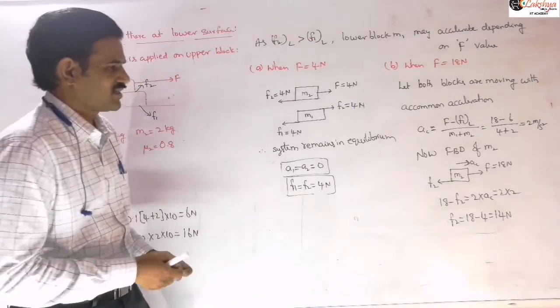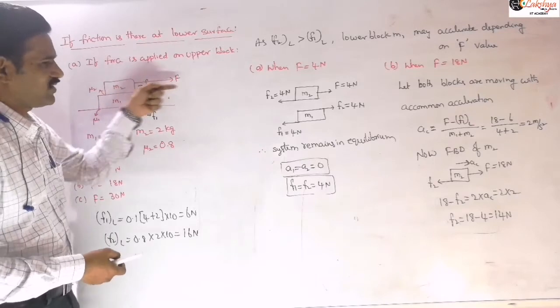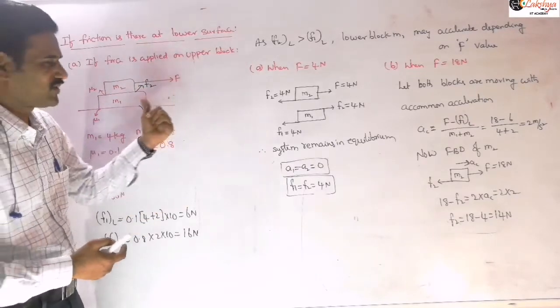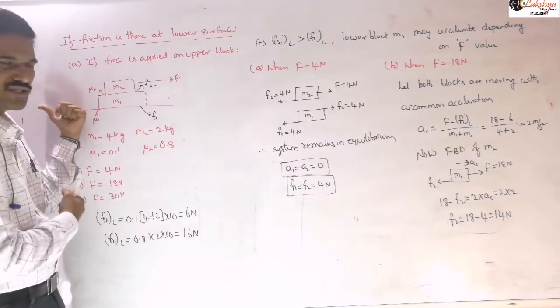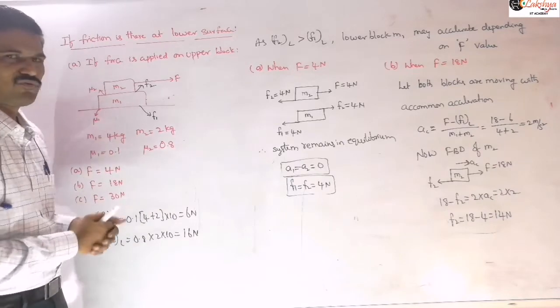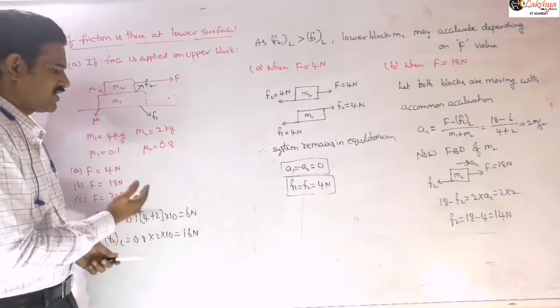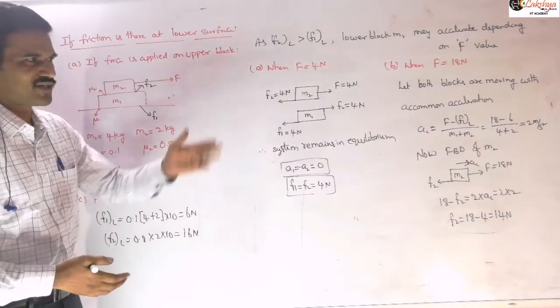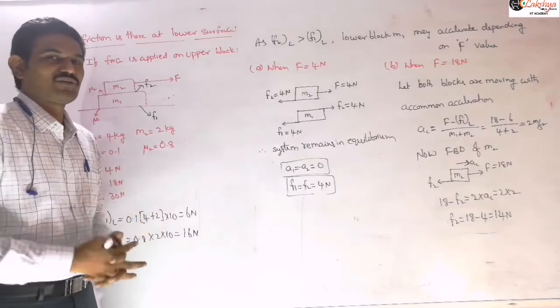For this M1, the force F2 will act along this direction, 14 newtons, and F1 limiting will be 6 newtons along this direction. So 14 minus 6 by the mass of this block, 4. That means 14 minus 6 is 8, and 8 by 4 gives 2 meter per second square, the common acceleration there, right?